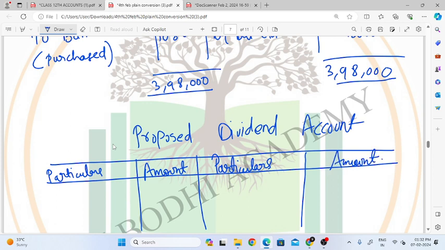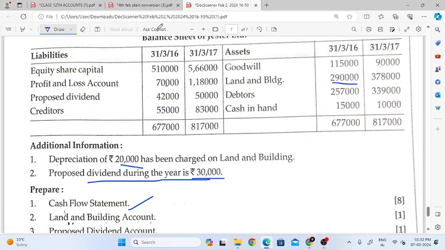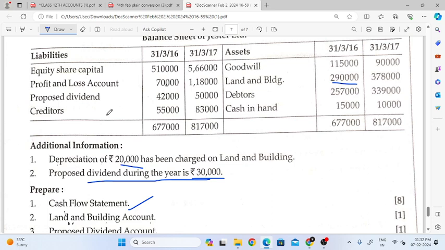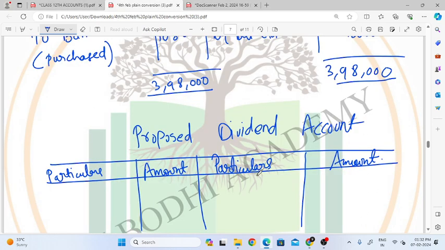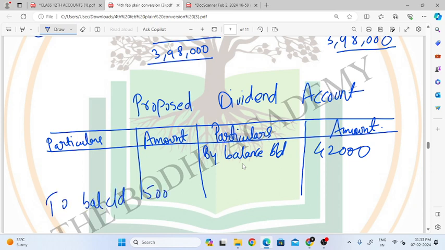So now here we have to check, since this is the proposed dividend account and not a normal asset account, we have to take the opening balance on the credit side and the closing balance on the debit side. Now proposed dividend account, 42,000 and 50,000. So 42,000 we are going to take on the credit side as by balance brought down, and to balance carried down as 50,000.